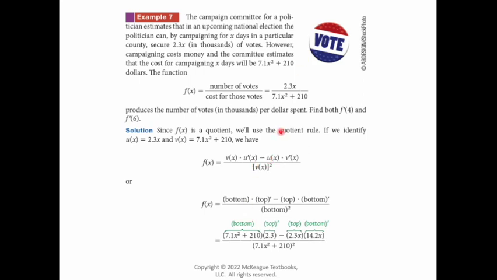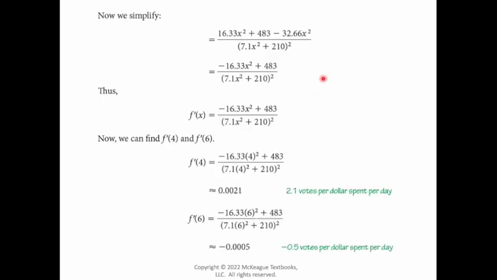So when we use the quotient rule, we're going to take the derivative of the top, which is 2.3, times the function on the bottom, minus the derivative of the bottom times the top, all over the bottom function squared. Now, when we simplify that, we get that the derivative is negative 16.33x squared plus 483 over (7.1x squared plus 210) squared.